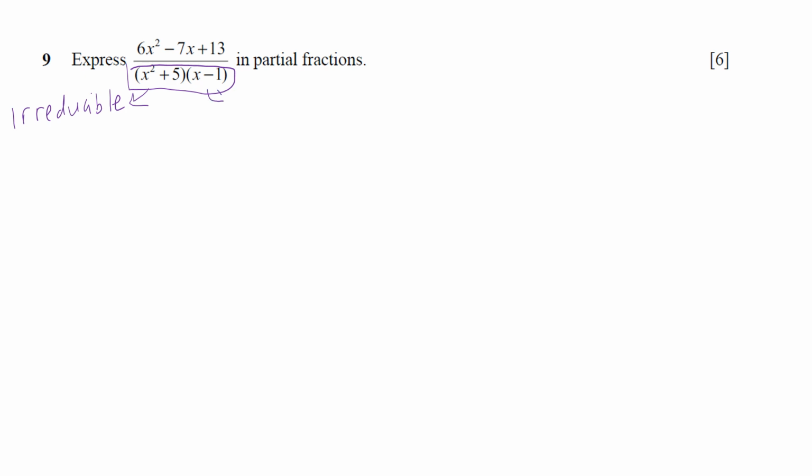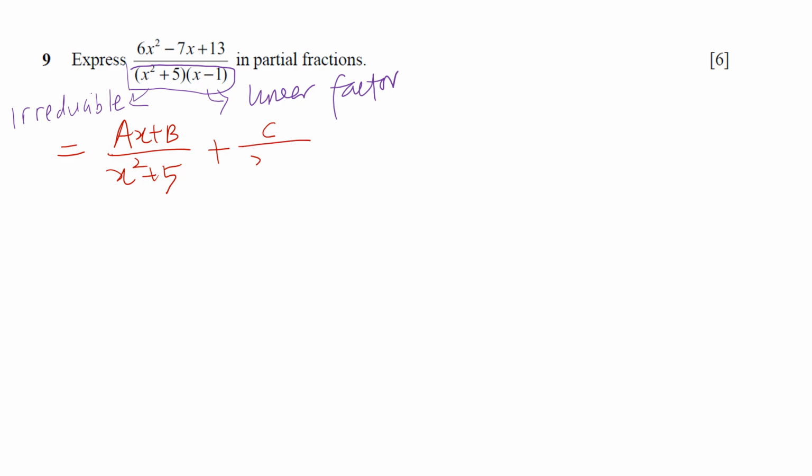And then the other one is a linear factor. So we can express it in the form ax plus b over your irreducible factor, and then, since you already used the letters a and b, c over your linear factor.